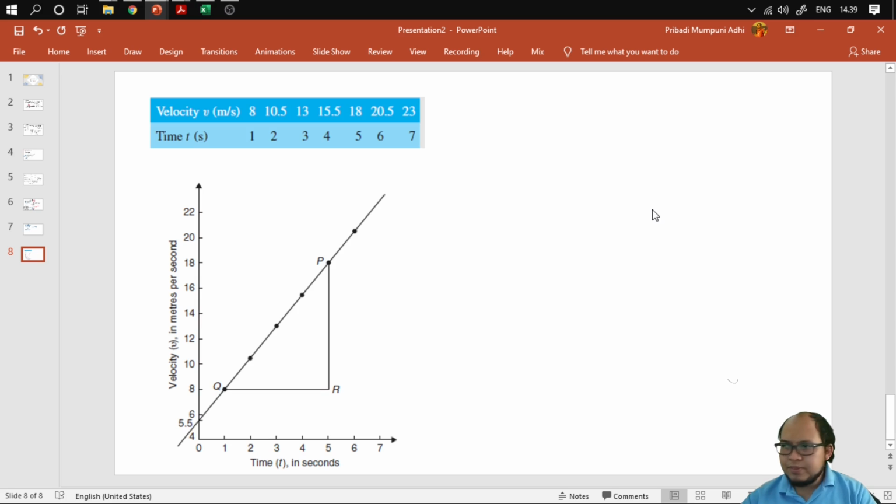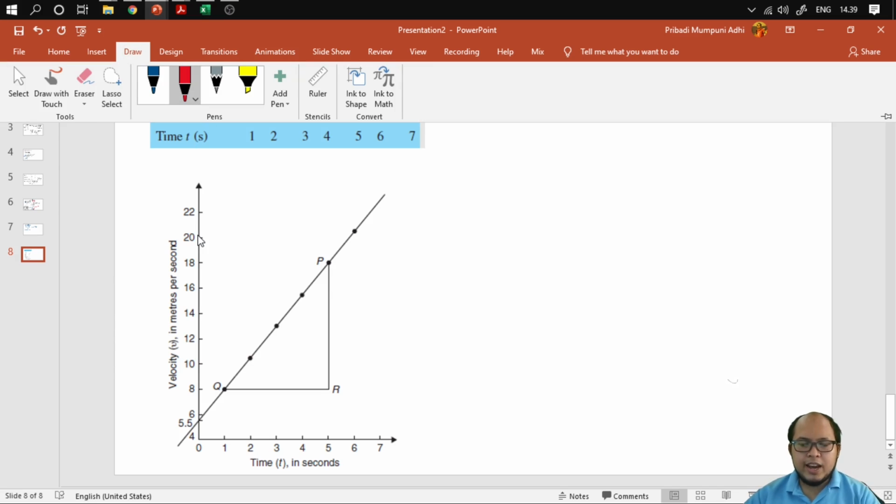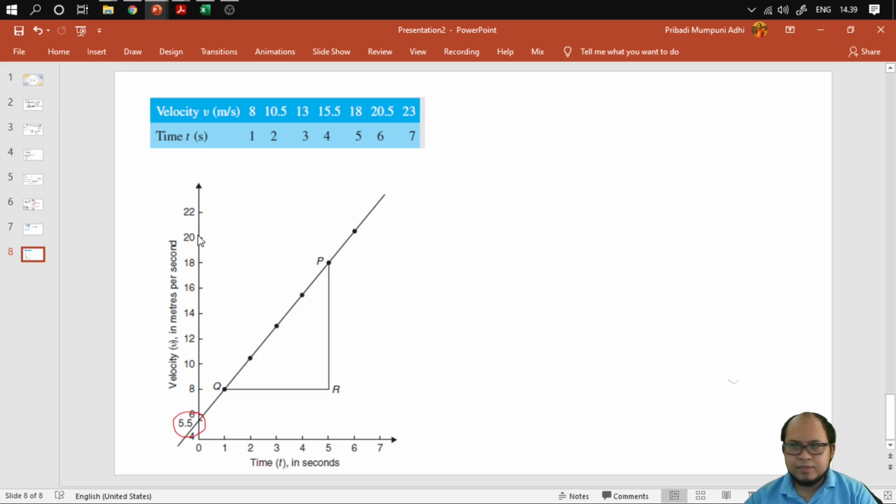From this graph, we can clearly see that when x equals 0, the y intercept is 5.5. So it means we have c equal to 5.5, and the gradient will be equal to the change of the y-axis divided by the change of the x-axis.